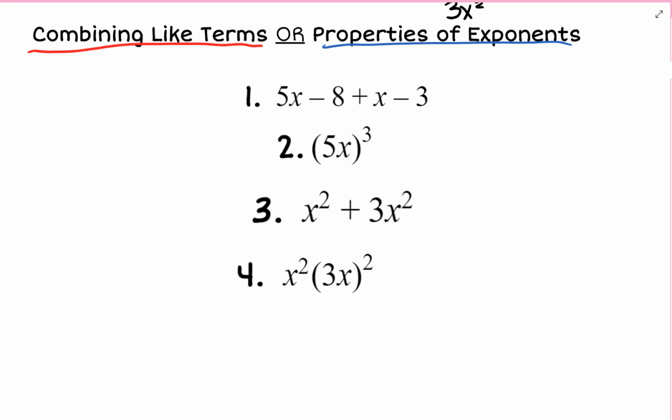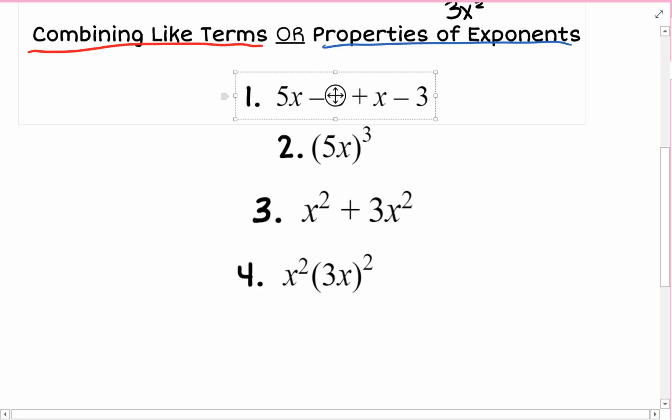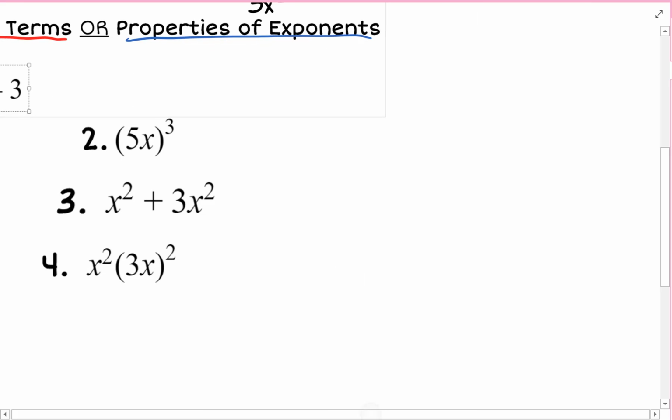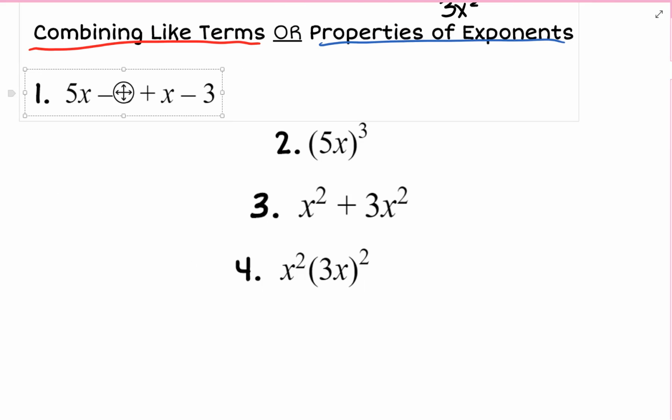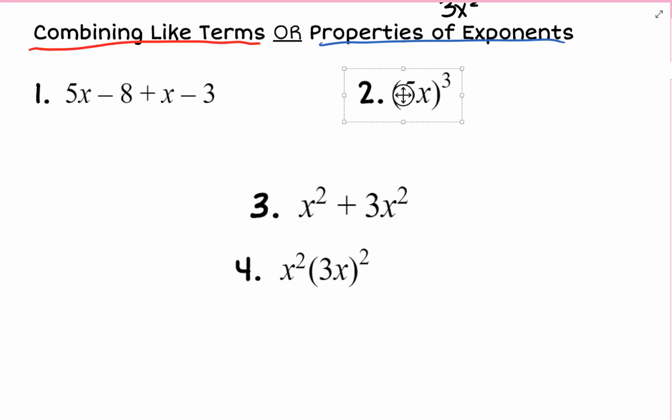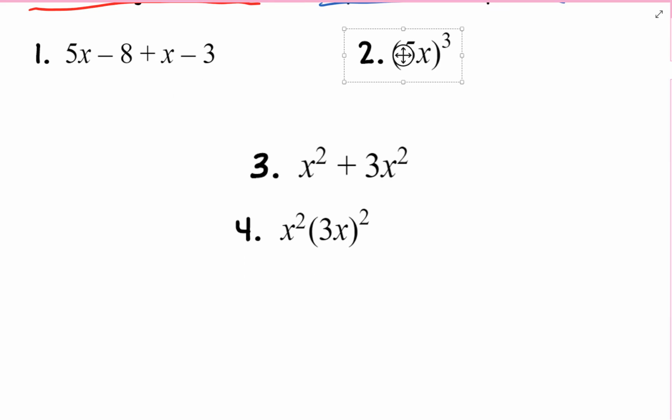Number 1 involves differences and sums. So number 1 will require us to combine like terms. Number 2, this will involve expanding and simplifying. That is a problem that requires properties of exponents. Number 3, x squared plus 3x squared.